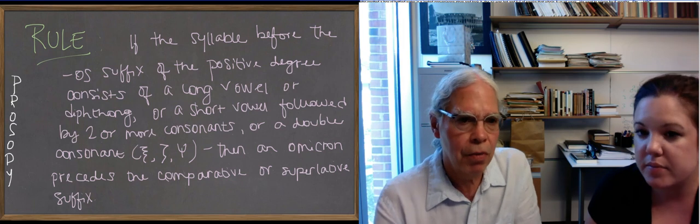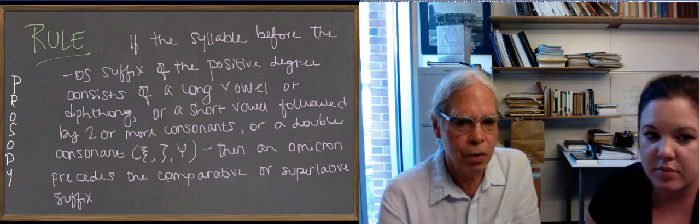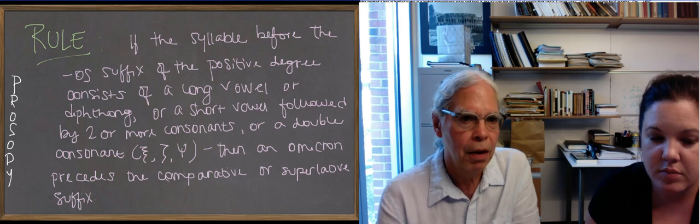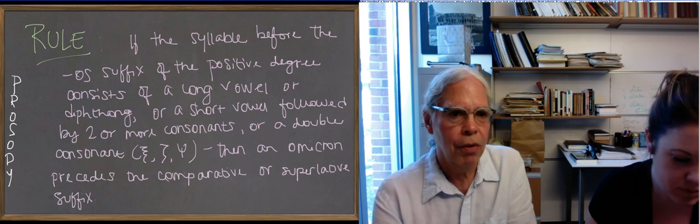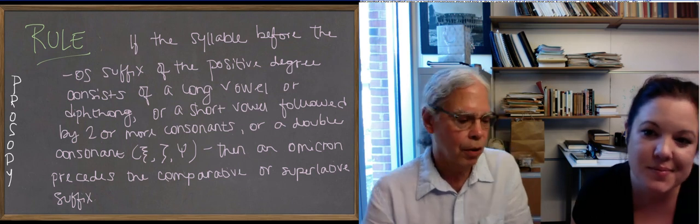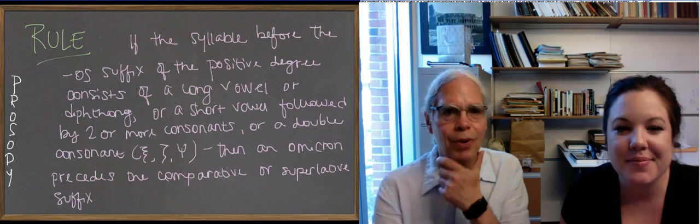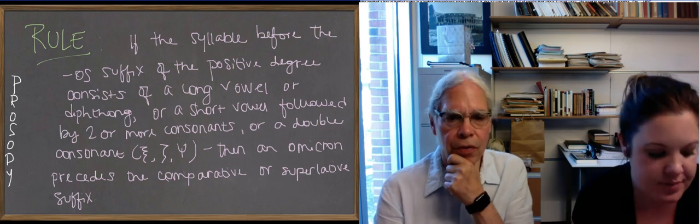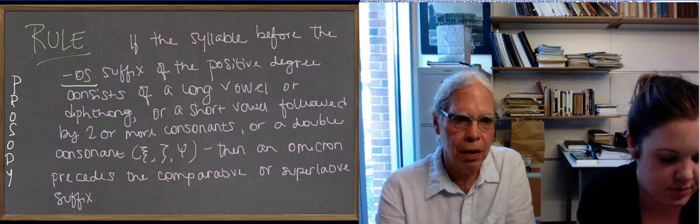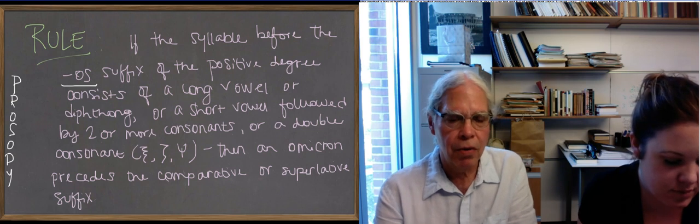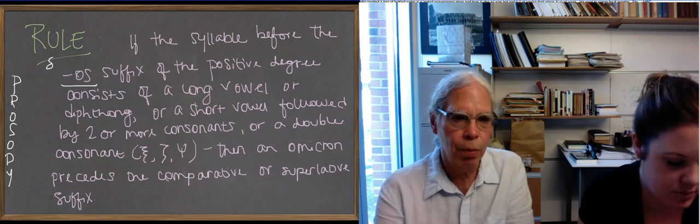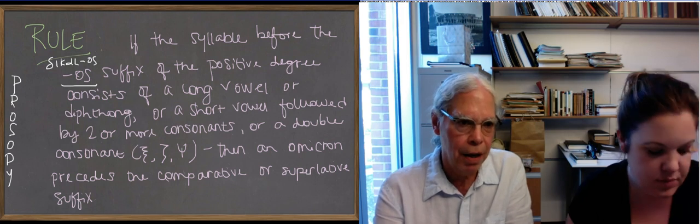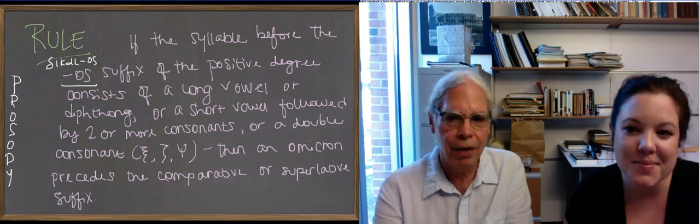So here's the sound rule that determines whether you use an omicron or omega. Go through this with us slowly. If the syllable before the -os suffix of the positive degree, okay, so in the case of, say, dikaios, the syllable before the -os is kai, or I, however you prefer to define the syllable.